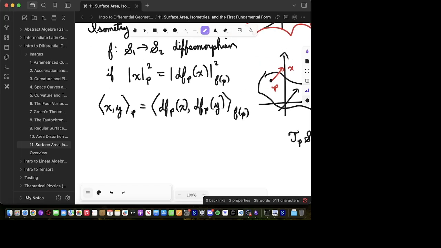If there exists an isometry between S1 and S2, then they are called isometric. And a measurement is intrinsic if it is preserved by isometry. That is, if we have an isometry between two surfaces, the measurement remains the same.